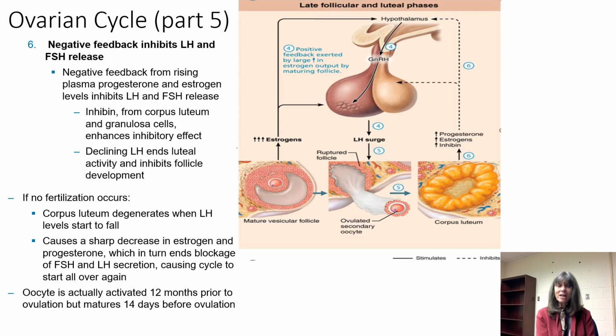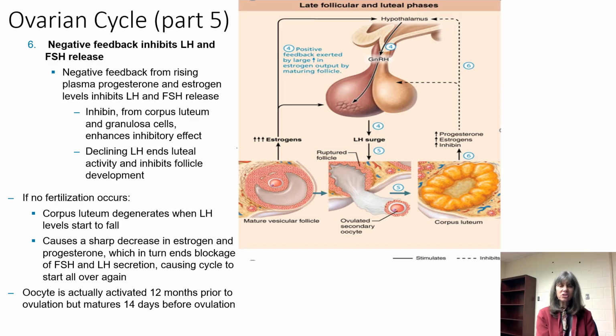Negative feedback from rising plasma progesterone and estrogen levels will inhibit the release of luteinizing hormone and follicle-stimulating hormone. The corpus luteum and granulosa cells also produce a hormone known as inhibin, which enhances the inhibitory effect. Declining luteinizing hormone will end luteal activity and inhibit follicle development.